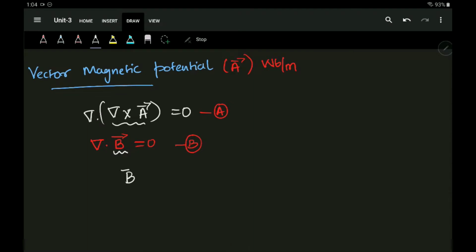So my magnetic flux density will be equal to the curl of a vector A. So this is the relation that I have got by comparing my magnetic vector potential equation with that of the magnetic monopoles equation. This is the Maxwell's equation, where he stated that the magnetic monopoles don't exist in the point form. So using this, I have related my magnetic flux density with my vector magnetic potentials. This is the second relation that we wanted to define.